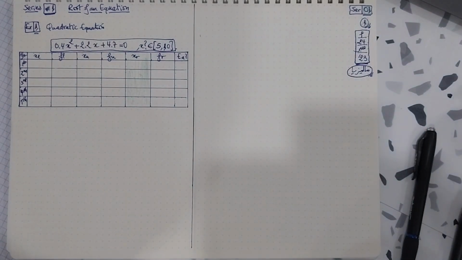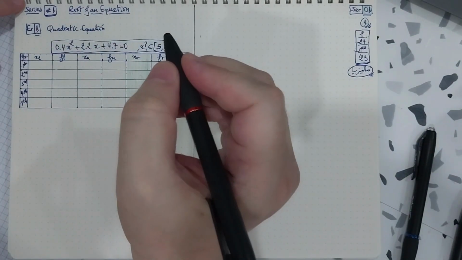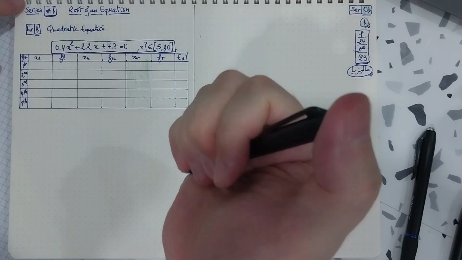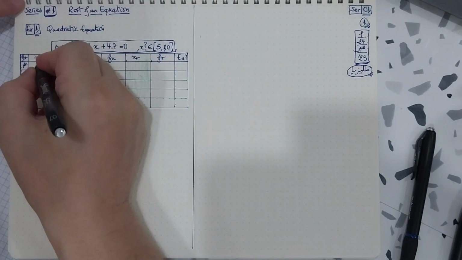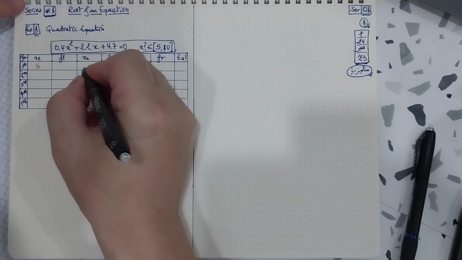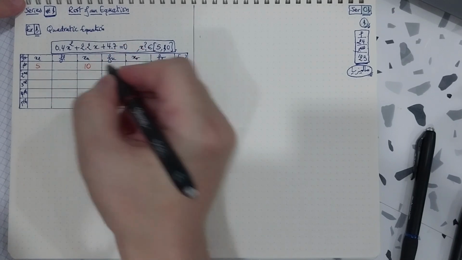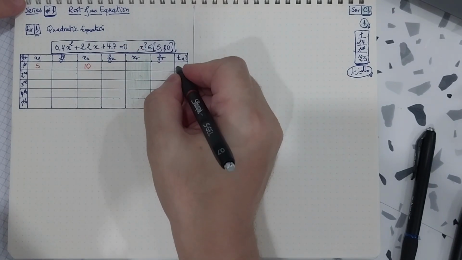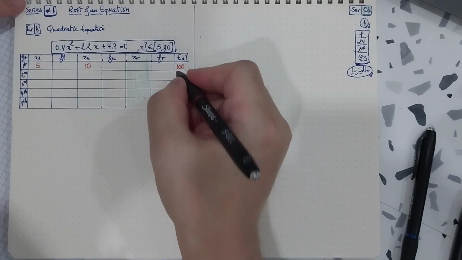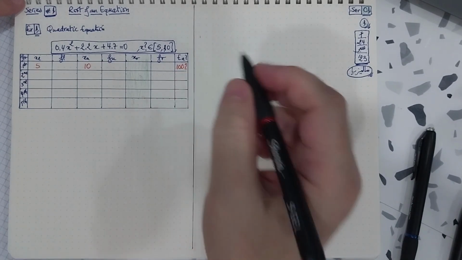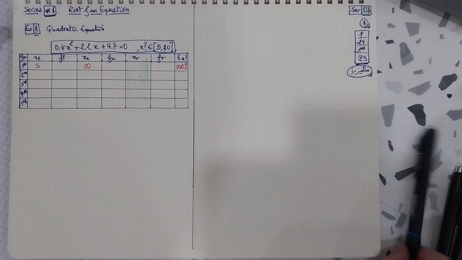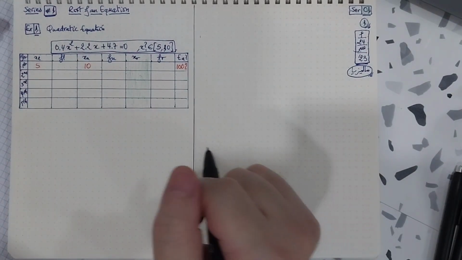We fill it first with the input data. We have the lower bound and the upper bound. And we said that the first iteration is always 100%. And then we fill the table.